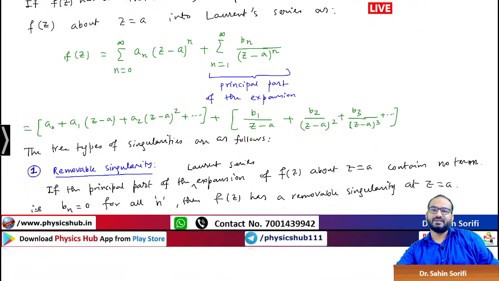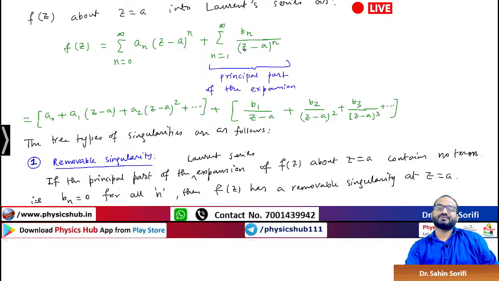This is quite obvious. You see, if you put n equals 1, it gives you b1 by z minus a, then b2 by (z minus a) squared, b3 by (z minus a) cubed. So removable means this singularity will not be there, right, only terms in the numerator will be there: z minus a, (z minus a) squared, (z minus a) cubed, and so on. So this is the removable singularity. I think it is very much clear.